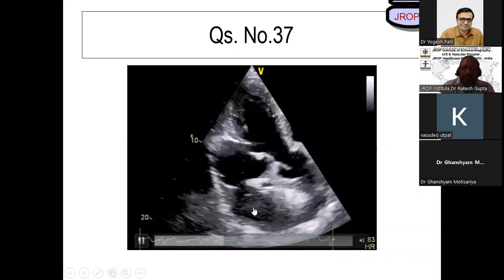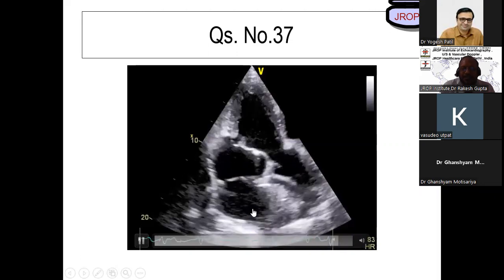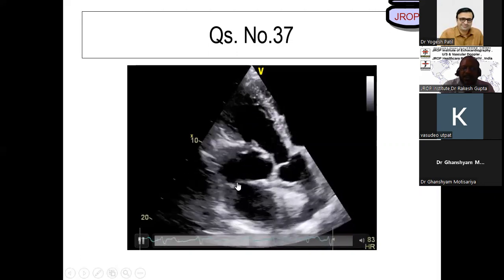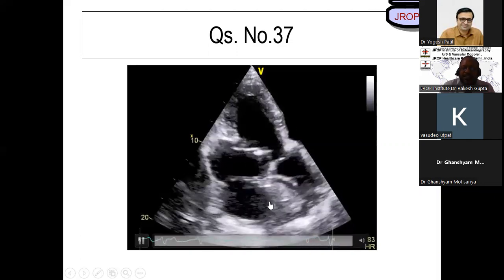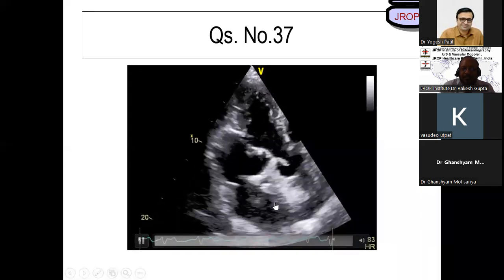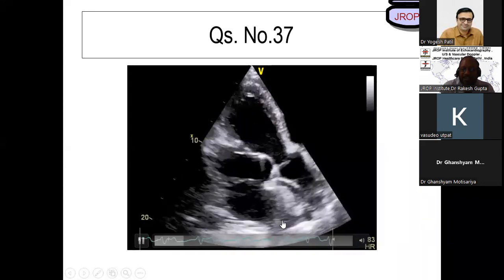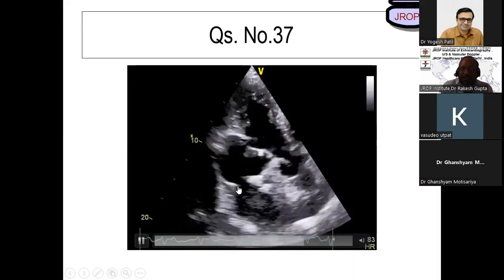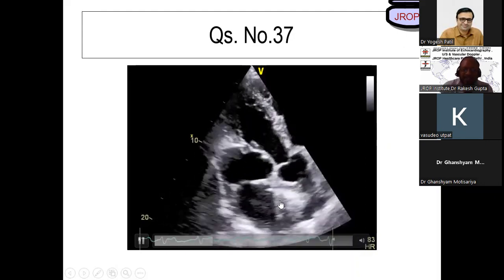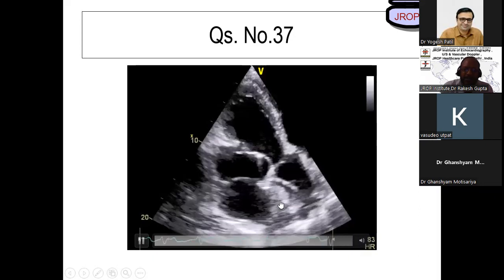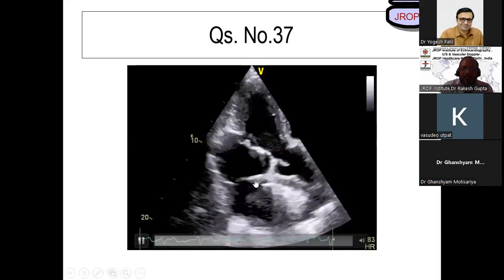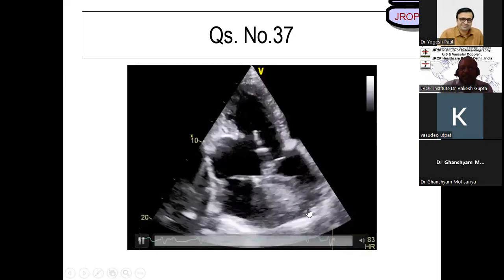This I picked up from international demonstrations. This is cor triatriatum sinister with the ASD device in situ. A large LA. Look at the picture, a very atypical picture. It's not easy to pick up, but this is what it is.